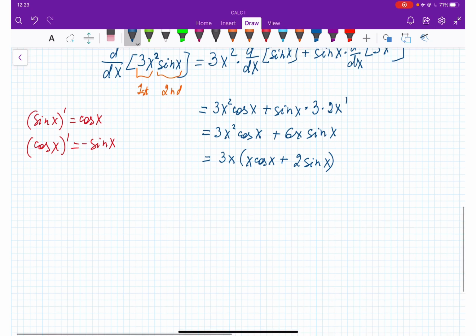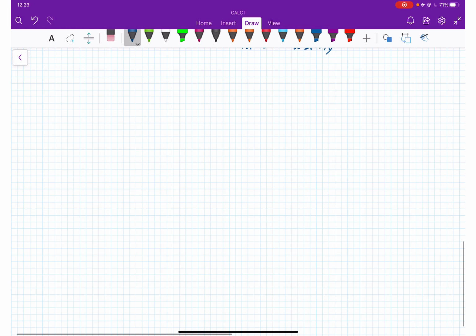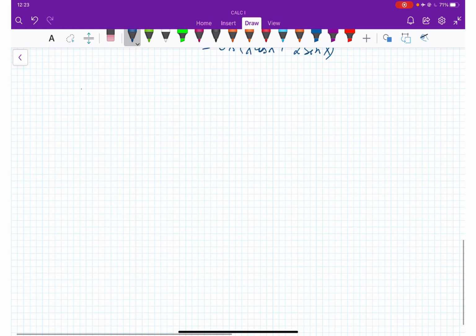Okay? All right. One more. I'll solve one more and we move to the quotient rule. So what do we have? y is equal to 2x cosine x minus 2 sine x.